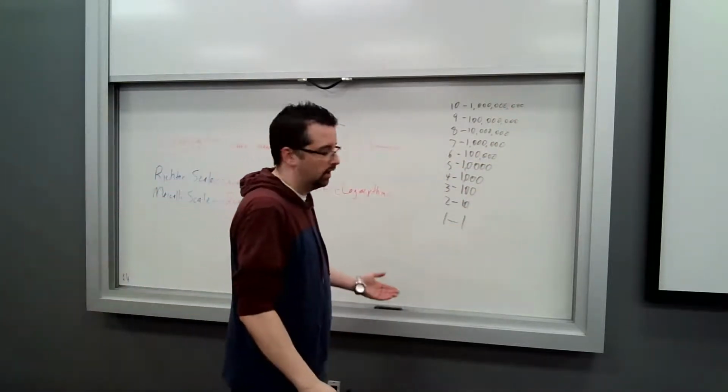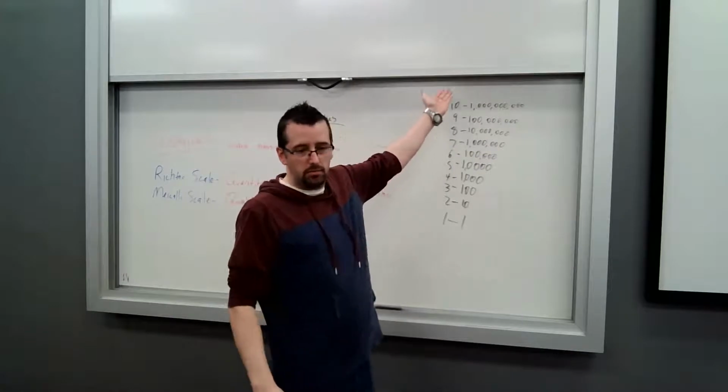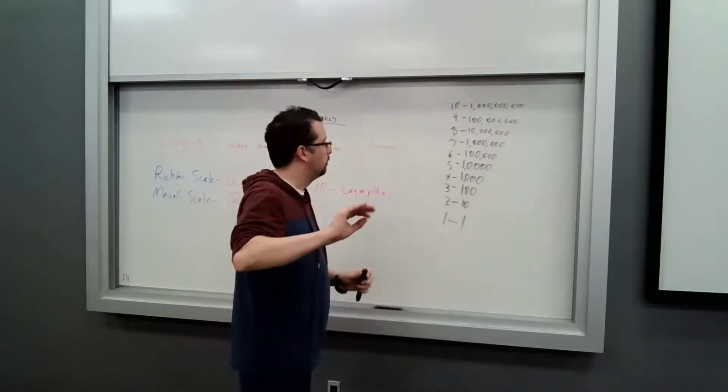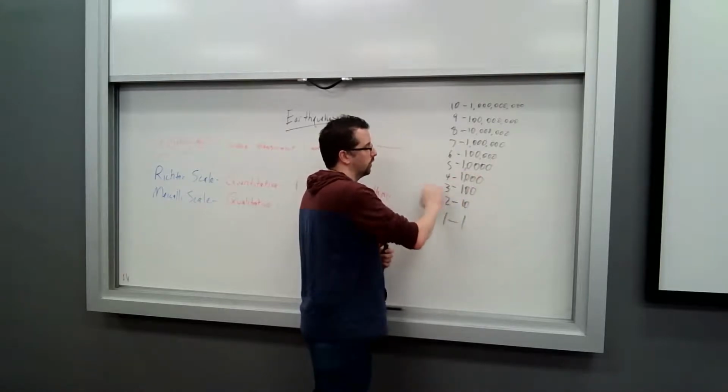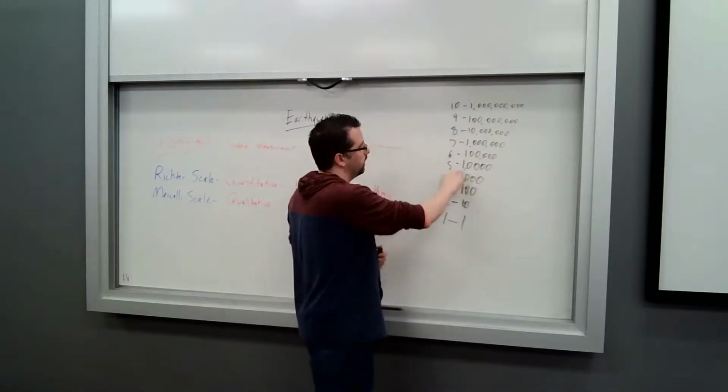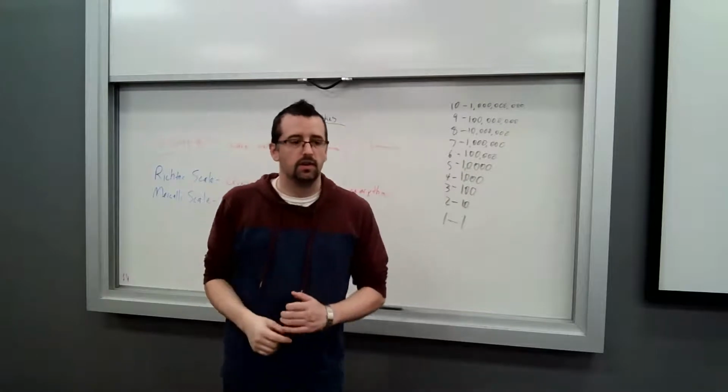It just keeps going up and up, multiplying by 10. So a 4 is 10 times stronger than a 3, and a 5 is 10 times stronger than a 4, and so on.